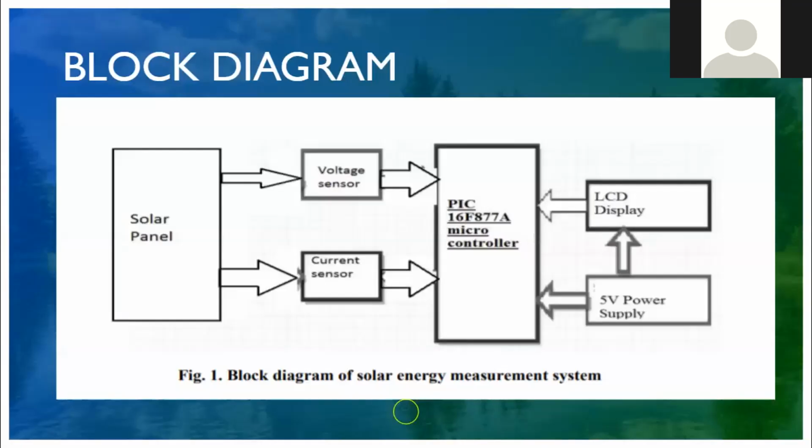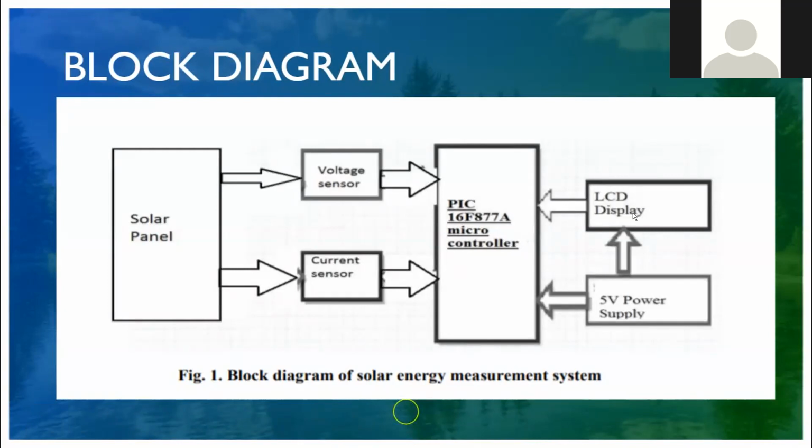So this is the block diagram of the solar energy measurement system. With the help of voltage and current sensors, we are going to measure the amount of voltage and current we are getting in the PIC microcontroller, which is displayed on the LCD display.